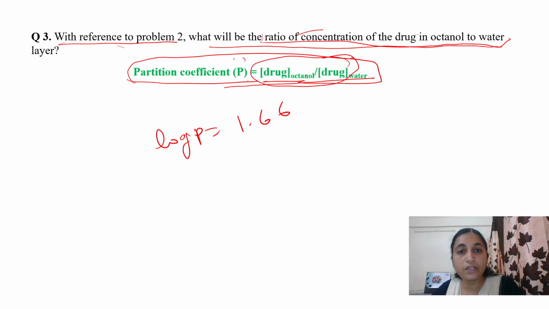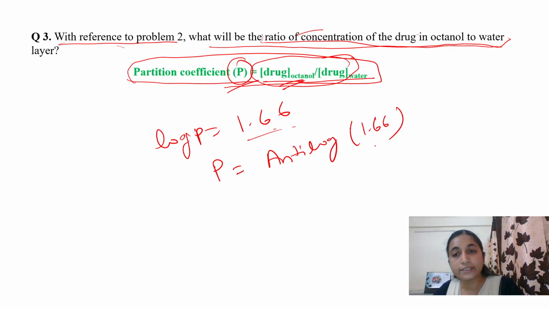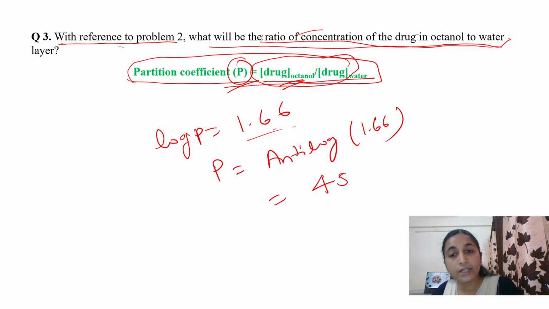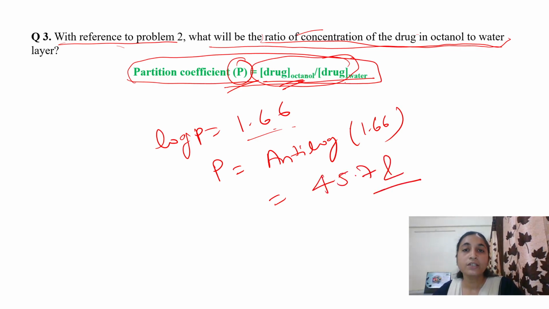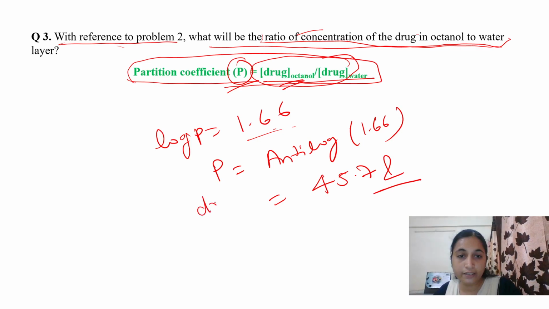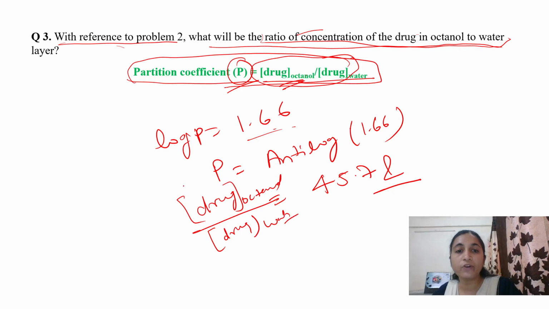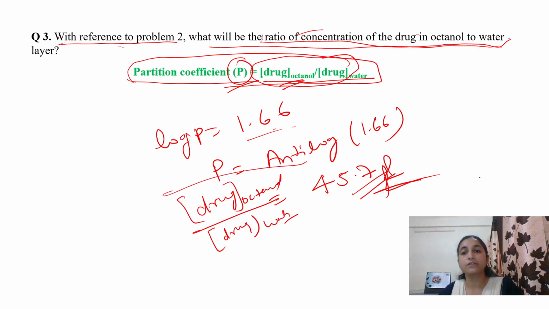The log P value is given as 1.66, so P equals antilog of 1.66. How much will come antilog 1.66? 45.7, right? So the ratio of concentrations of drug in octanol upon drug in water equals 45.7. This is the answer.